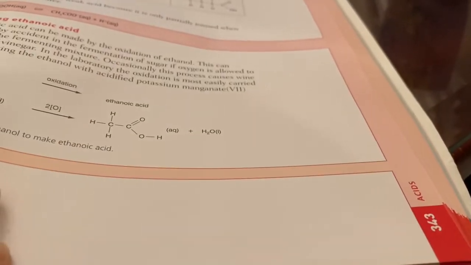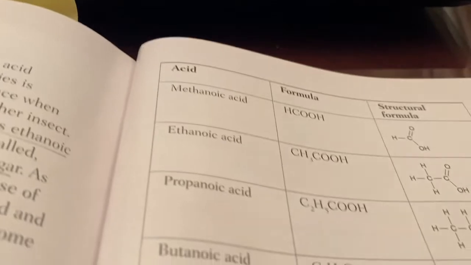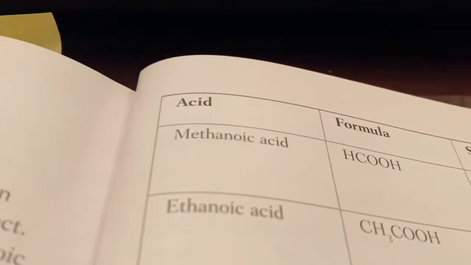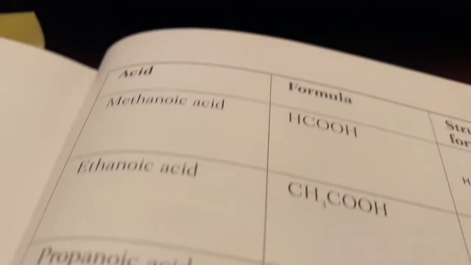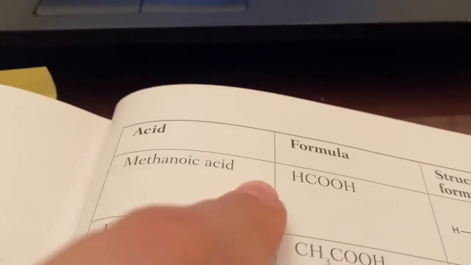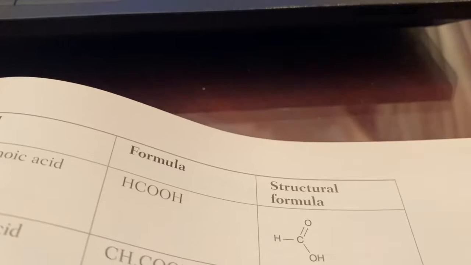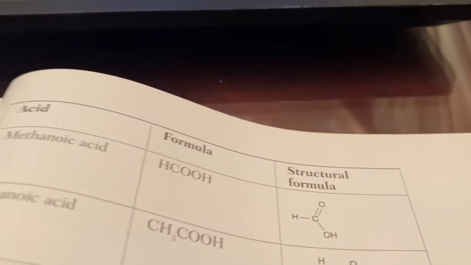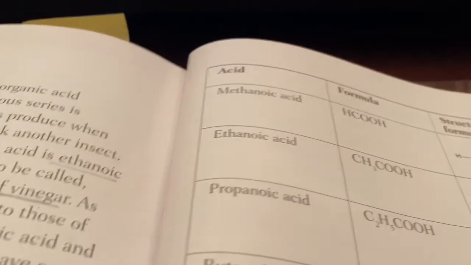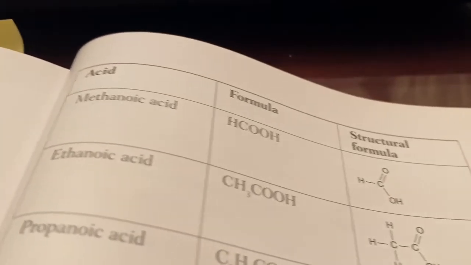And here on page 343, we will only study this table. Okay, methanoic acid, as I just said, there's a carbon, COOH. This is the structural formula for it. Okay, ethanoic acid has 2 carbons.